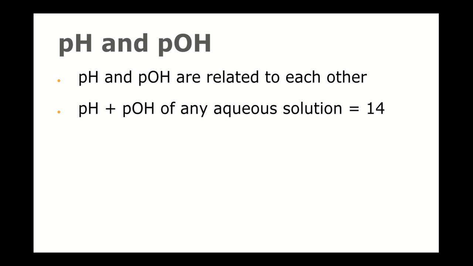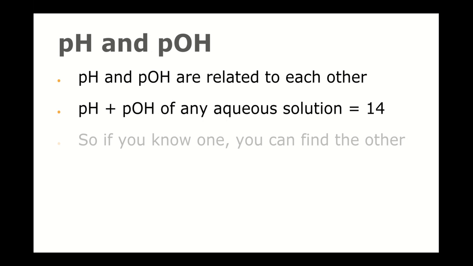So this is how you can take the pH of one solution and figure out the pOH of that same solution, and vice versa. So for the first one that we did, where the pH was 1, the pOH of that solution is 13. There you go. That's your very simplified version of acid base.